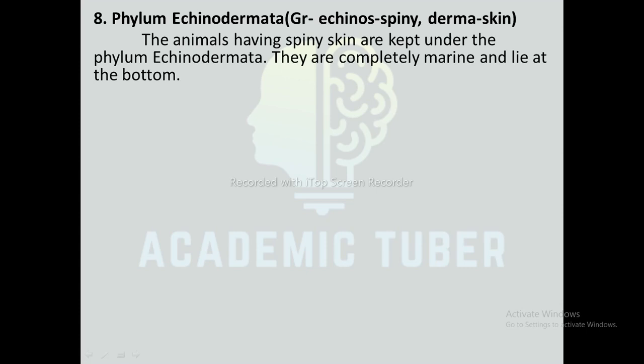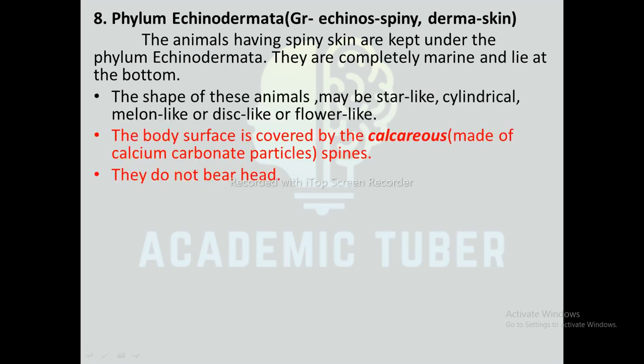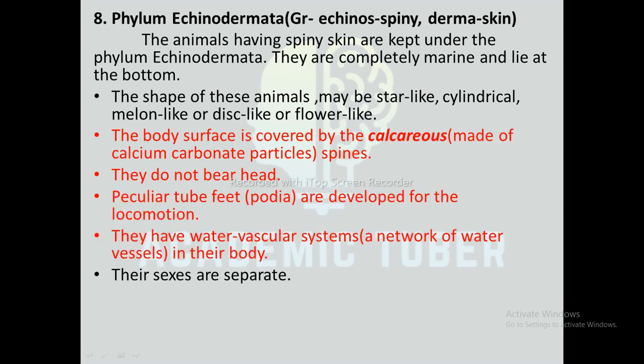Phylum Echinodermata. The animals having spiny skin are kept under the Phylum Echinodermata. They are completely marine and lie at the bottom. The shape of these animals may be star-like, cylindrical, melon-like, disc-like or flower-like. The body surface is covered by calcareous spines, and they do not have a distinct head.